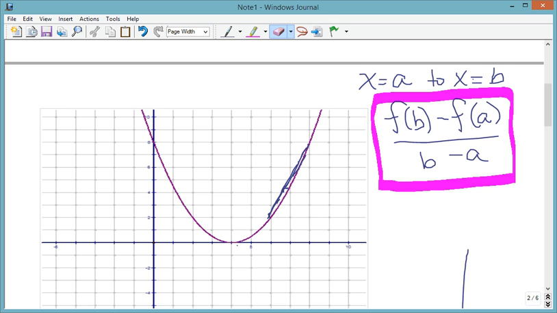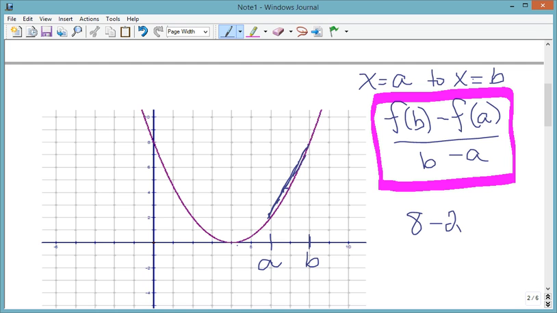So we look at our equation. We have f of b, so b's at 8. So f of b is 8. F of a, so here's my a, because that was the first one I chose, that's at 2.